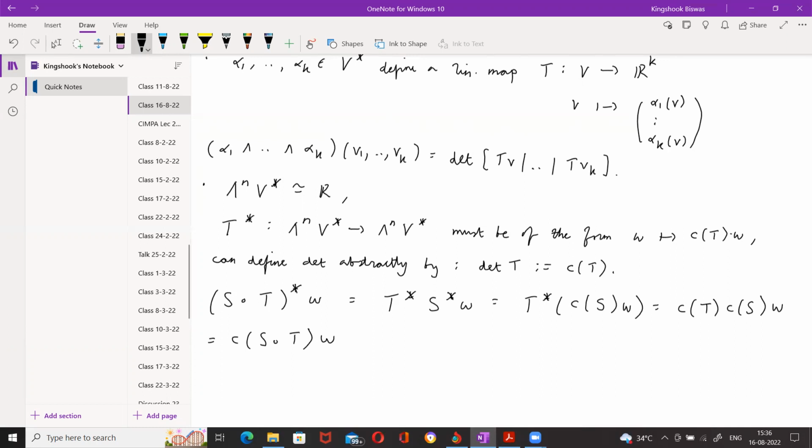So that means that the determinant is multiplicative. Is it clear? Yes, sir. Okay. So if you take this abstract definition of the determinant, then it's just a one-line proof that the determinant is multiplicative. Okay.